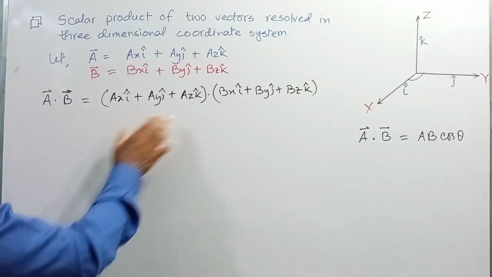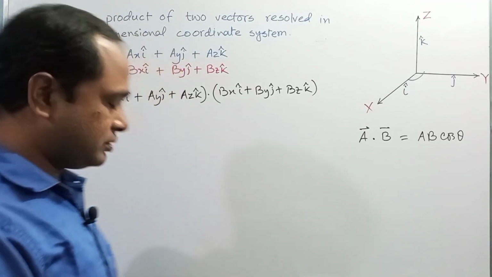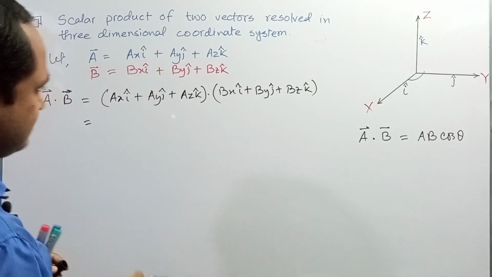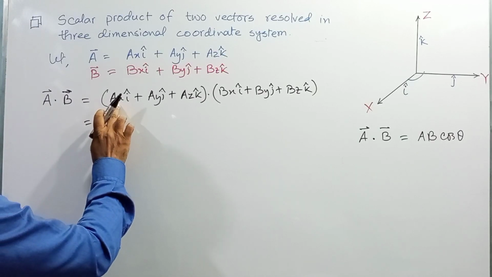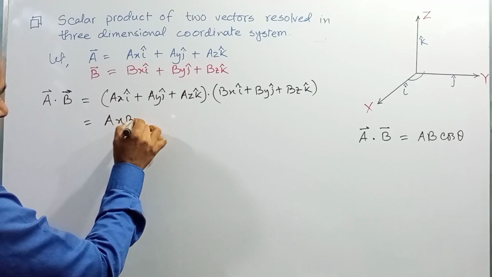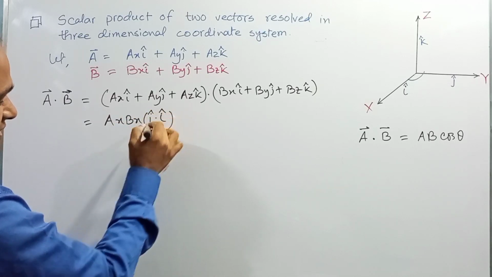Dear student, this part contains three terms and this part contains three terms. So according to the basic concept, the product of these two expressions will be, first we will multiply this component with this component, that is ax bx into i dot i.